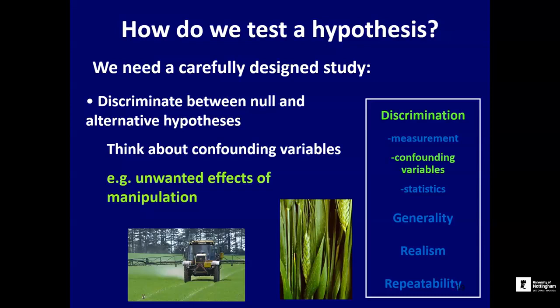And we come back several months later and we compare the fields that we sprayed with the fertilizer to a control set of fields that weren't sprayed. And we find, great, the plants have grown much better when they were sprayed with the fertilizer, so we conclude the fertilizer was beneficial. There's a key problem with this design, which is that we had to put the fertilizer in solution and spray it on in an aqueous form to the crop.